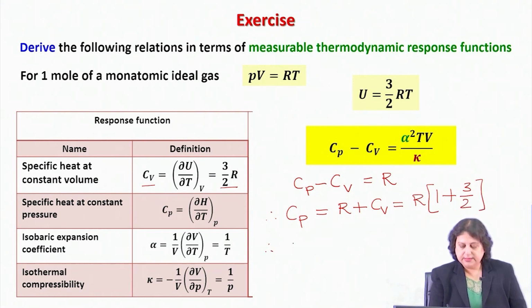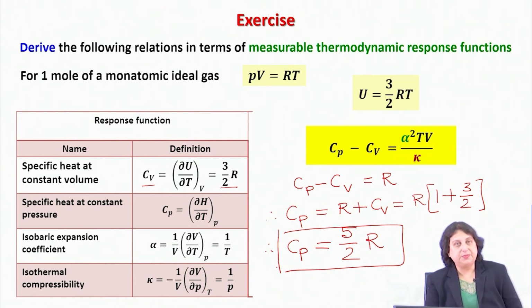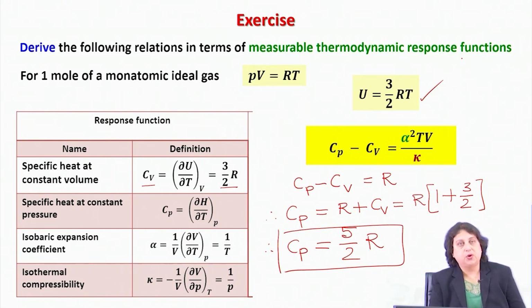And therefore, Cp for 1 mole of this monatomic ideal gas turns out to be 5 by 2 R. So knowing the ideal gas equation and also the internal energy as a function of temperature in this case, we can also evaluate what the specific heat at constant pressure would be.